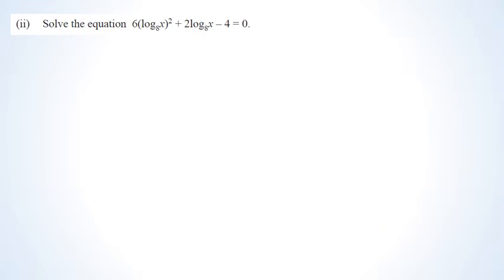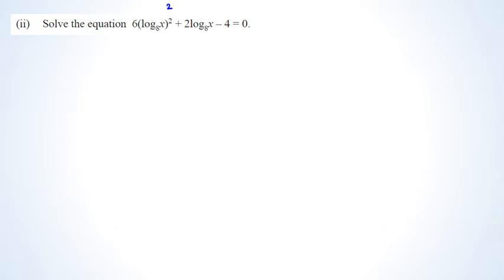Okay, now this question says solve this equation, 6 log 8x squared plus 2 log 8x minus 4 equals 0. Now, your first thinking is, oh, I can actually manipulate the log functions. And I'm going to say this to you guys, and hopefully this is a useful tip: anytime you're dealing with logs or exponentials, and they do this quite a bit in NZQA, I'm sorry, the NCEA level 2 maths papers, it's a good idea to have a look at the powers that you're dealing with here.